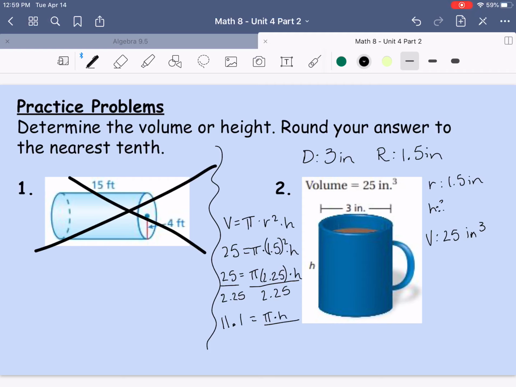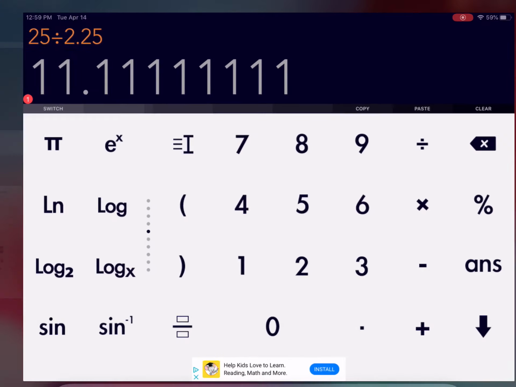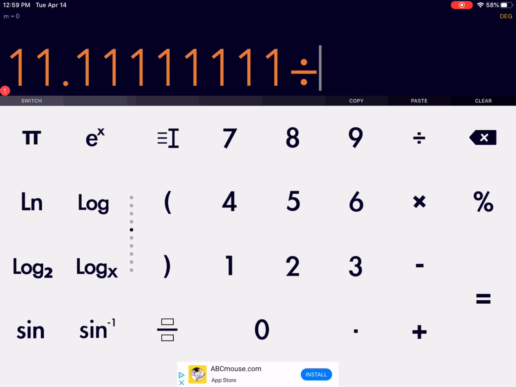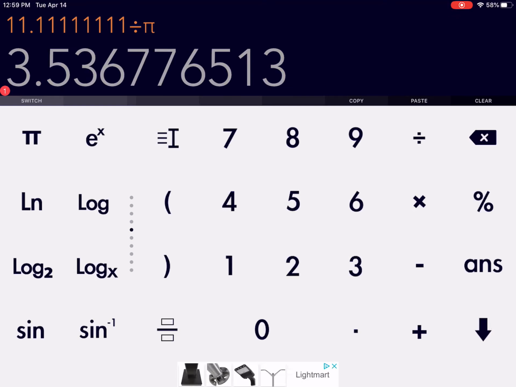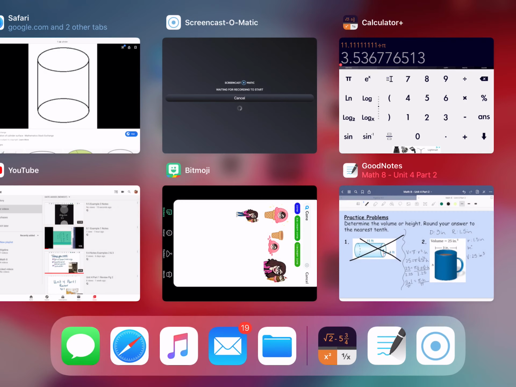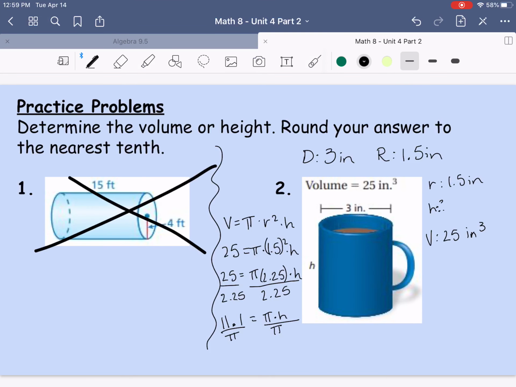Okay, and to get that h by itself, I am dividing both sides by pi. So I'm going back to my calculator, and I'm taking my answer, dividing it by pi, and I'm getting 3.53. So that's going to round. Our height is about 3.5, and that would be inches. Perfect.